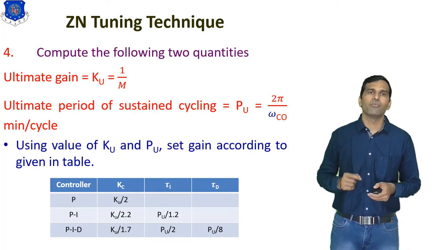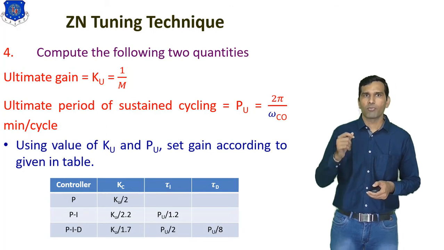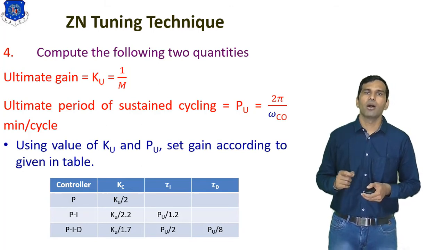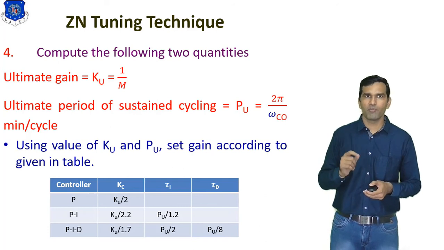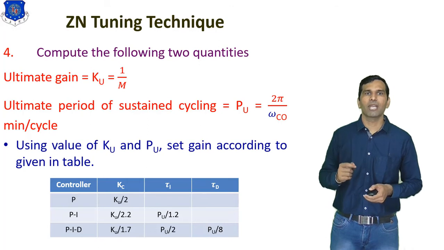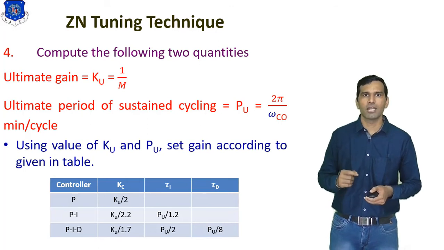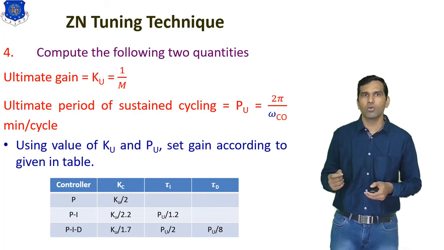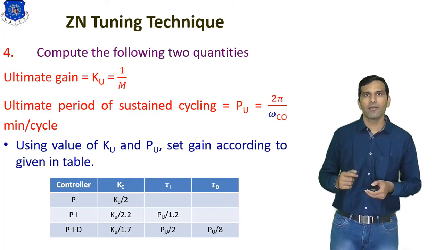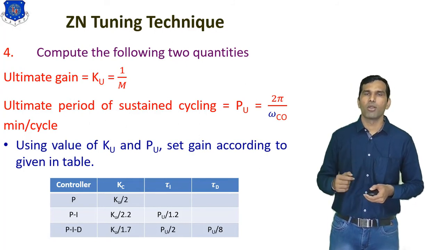For the PI controller, we find Kp using Ku upon 2.2, and for Ti, Pu upon 1.2.